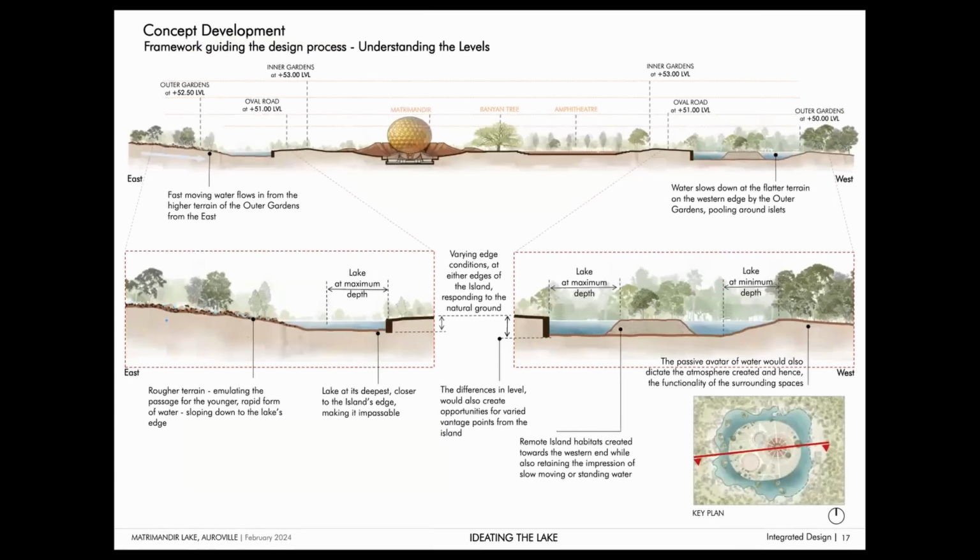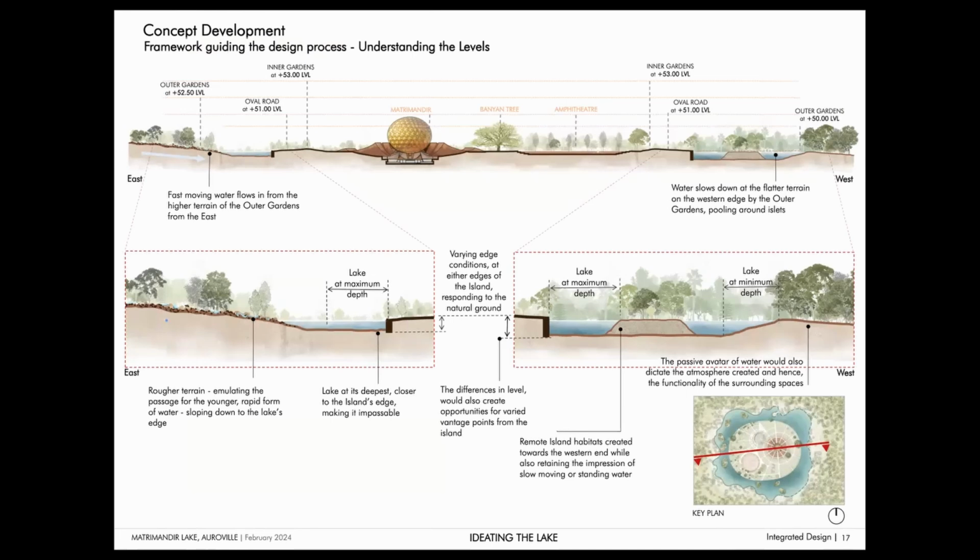Now, one fairly important thing that we will need to understand at this stage is the fact that there is a level difference across the land when we are looking at Matrimandir in the center and looking at not just the inner and outer gardens, but the larger space, which means that the lake should not be seen and understood as a static water body of one fixed level.